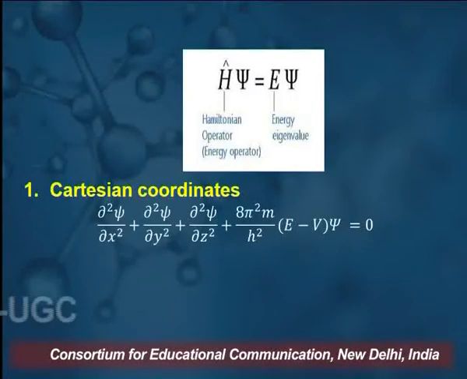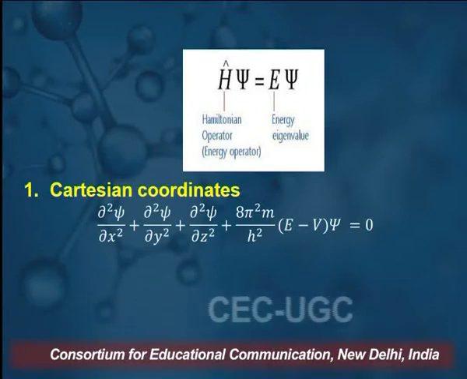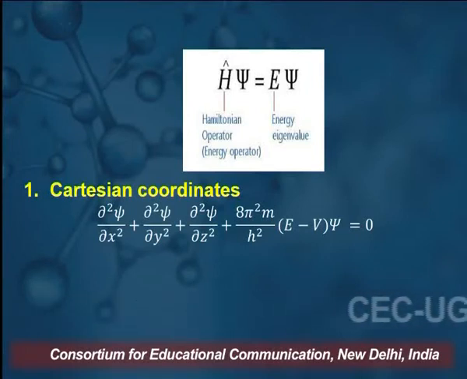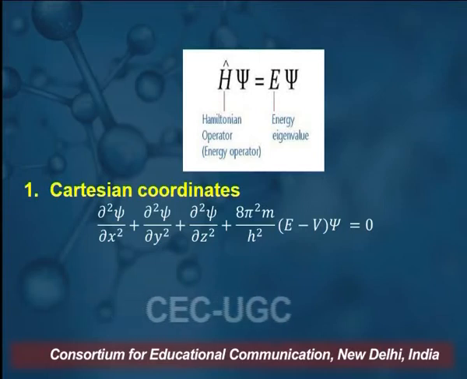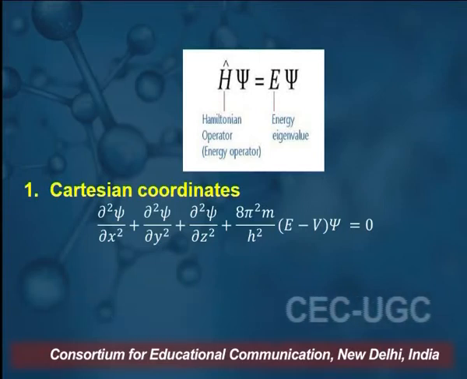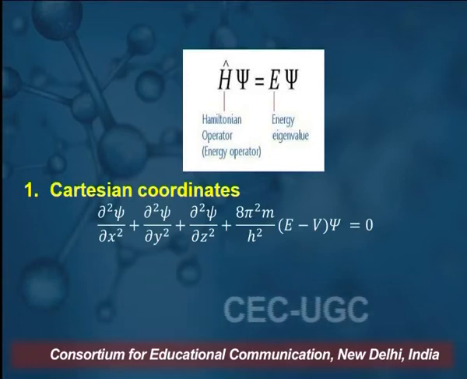You all must have read about the Schrödinger wave equation, in which the Hamiltonian operator H psi is equal to E psi. But now we'll study the Schrödinger wave equation in Cartesian coordinates. We are not going to do the derivation of this equation. We only have to learn about its basic concepts.